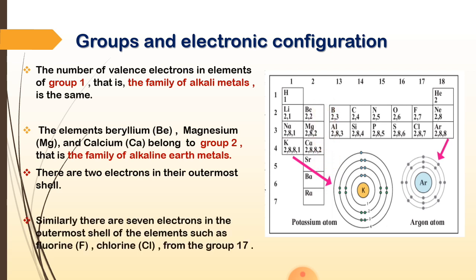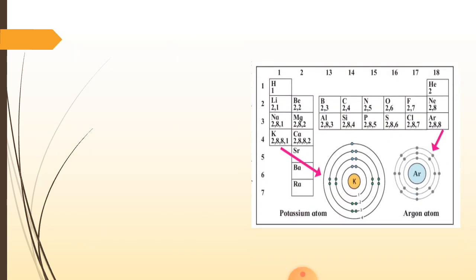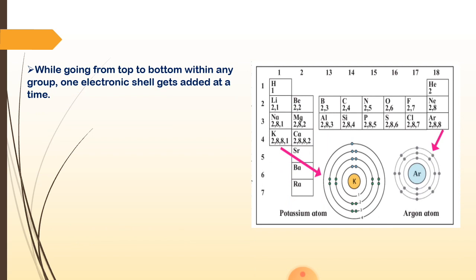Similarly, there are 7 electrons in the outermost shell of elements such as fluorine and chlorine, which belong to group 17. While going from top to bottom within any group, one electronic shell gets added at a time. You can see here is one shell, that is the K shell. Here there are two shells, called K and L shell.